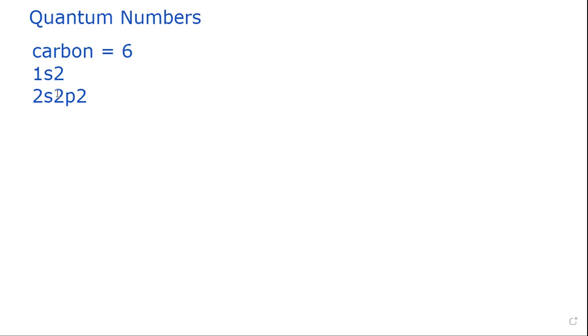Okay, you have 2 electrons here in sublevel S within the energy level 2. Now, this was not the last one that I placed. It was here. So if we want to talk about the quantum numbers for carbon, we basically are saying to talk about the last electron that you placed.